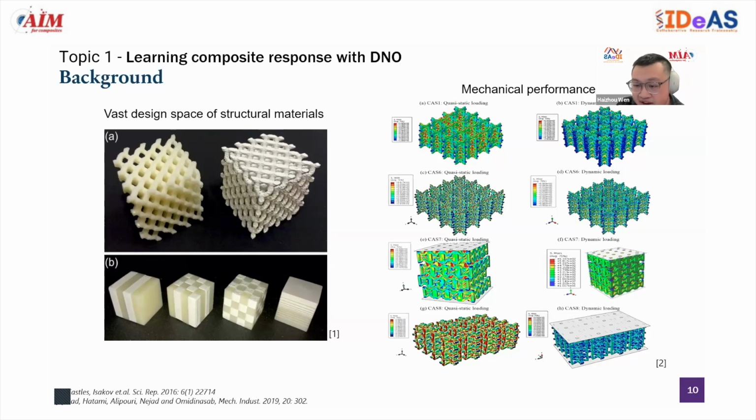Researchers began combining multiple materials, taking the best properties from different components to create a composite that is stronger, lighter, and more flexible. For example, in the aerospace or automotive industry, using a composite instead of a conventional metal can dramatically reduce the weight, improve fuel efficiency, and even enhance safety.